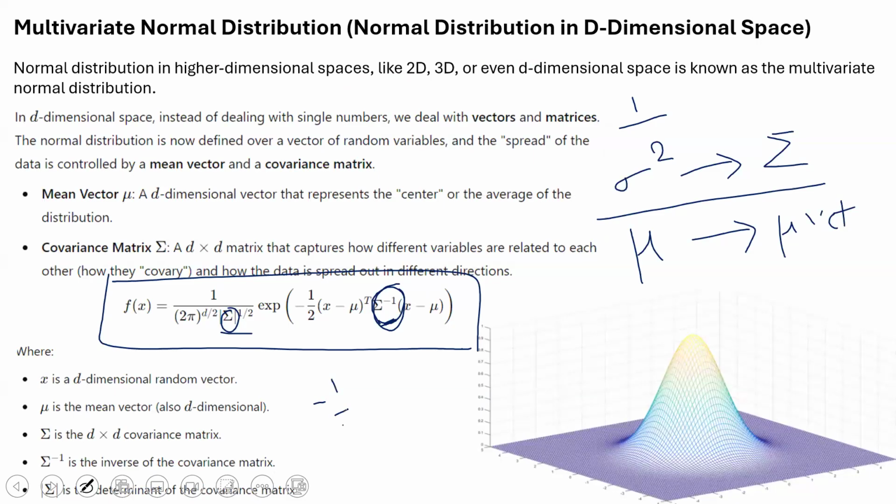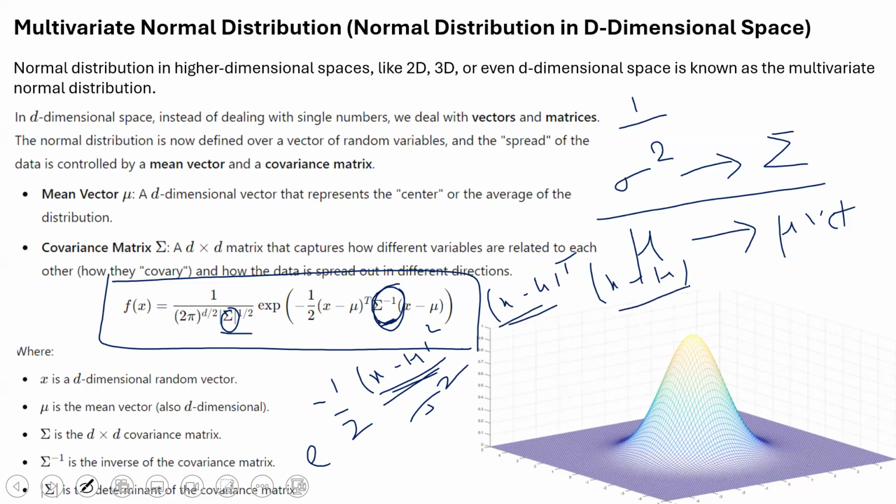So minus 1 by 2 into x minus mu whole square by sigma square is what we got there. x minus mu whole square can be written as x minus mu whole transpose into x minus mu, in vector notation. And this sigma square, the variance, is going up and becoming the inverse, that is sigma to the power of minus 1. So this is converted to this in higher dimensions.